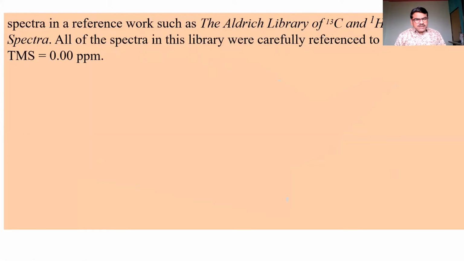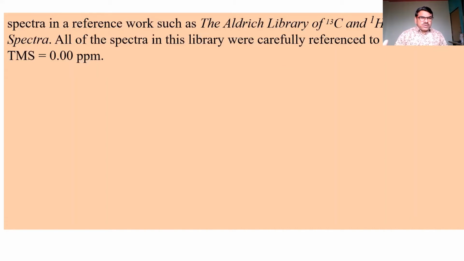Now when anybody asks you what kind of reference you are using, you can tell them the answer: the Aldrich library of C13 and H1 FT NMR spectra, that reference I am using. The reference is not taken from our college FTIR instrument.